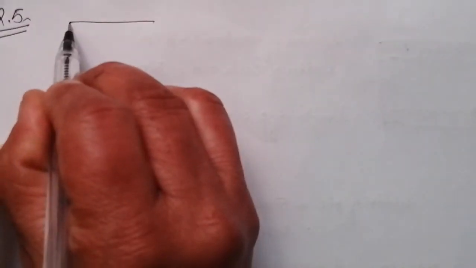Now question number 5. In question number 5, a path 1 meter wide is built along the border and inside the square garden of side 30 meter. Means a 1 meter wide path is given inside the square garden. Up till now we were doing the rectangular.